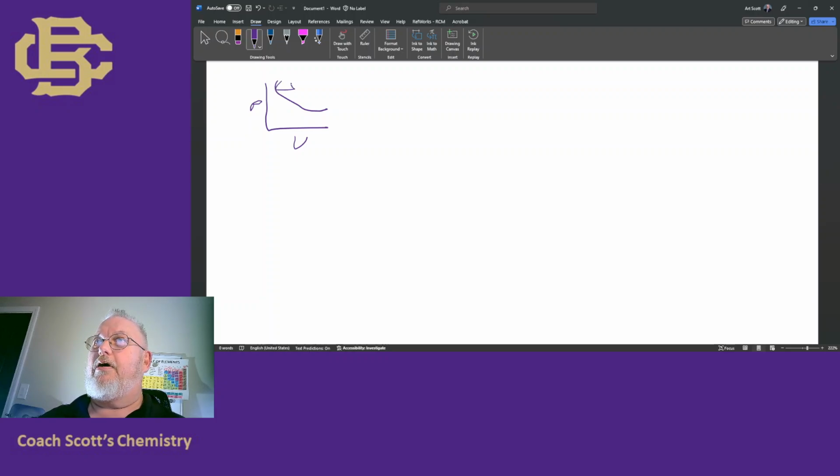Draw a little box and we'll put a little ball there. Those balls have more movement, there's more collisions. So volume goes down. So volume decreased, pressure went up because there's more collisions.